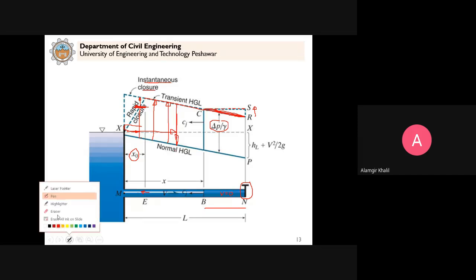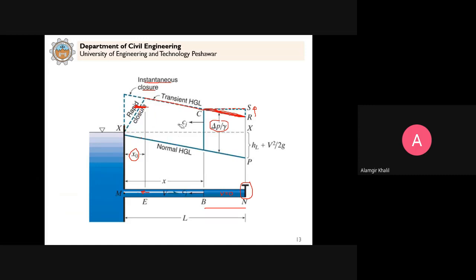So the idea here is that for this X naught, the time of closure is the same as the return trip. So when this point here tries to go up, before it reaches the maximum value, it is caught by the return unloading pressure wave.